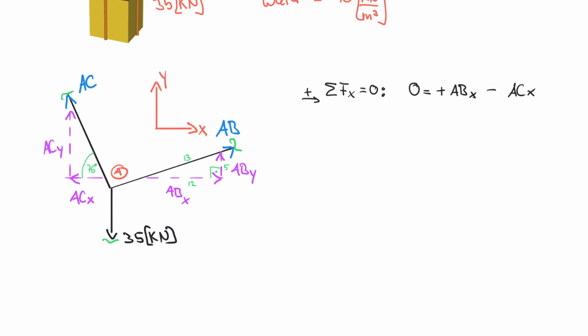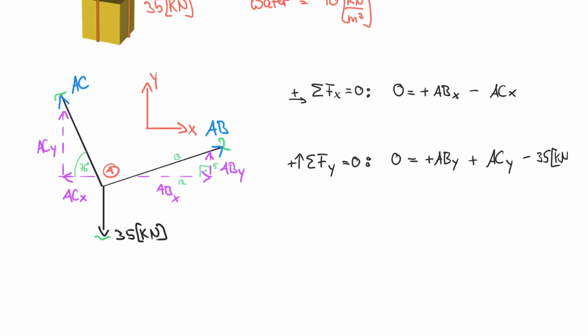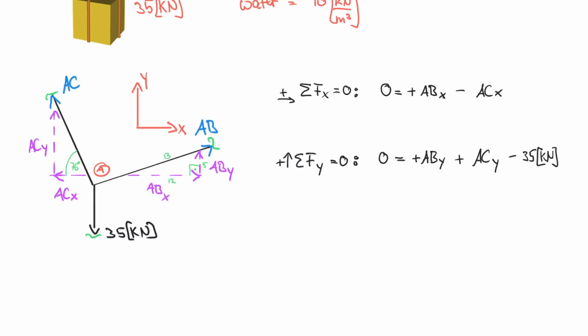So I can move on to my next equation, which is the sum of the forces in the y direction being equal to 0. And that is upwards positive. And therefore we have plus ABY plus ACY and minus 35 kilonewton.